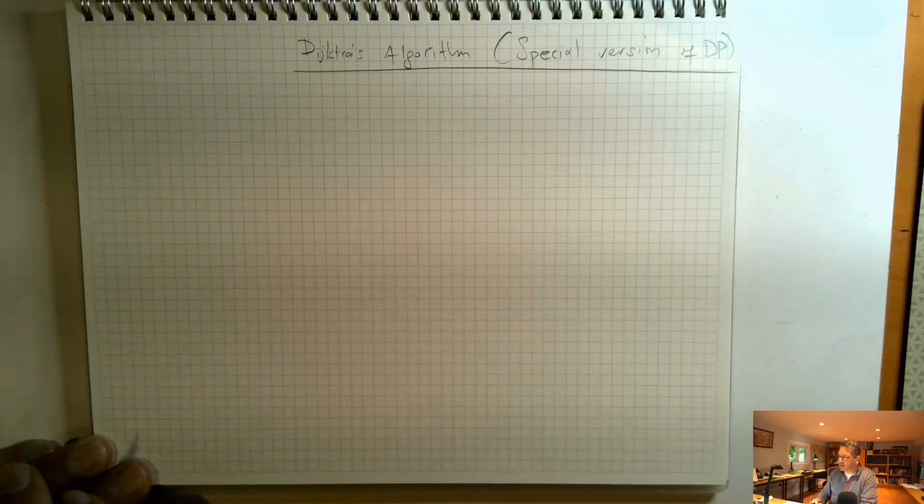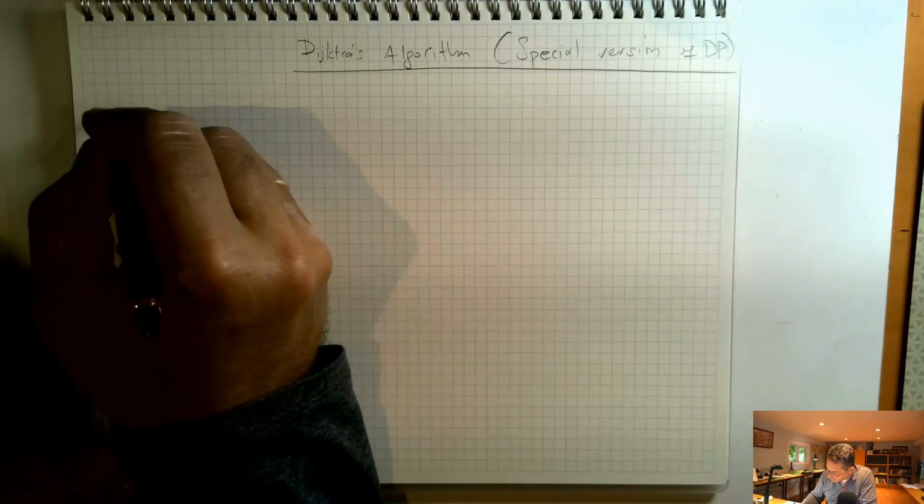To motivate that algorithm, we will be dealing with a graph which is slightly different. This graph will have edges which are directional and also have costs associated with them. So let me just draw the graph over here.